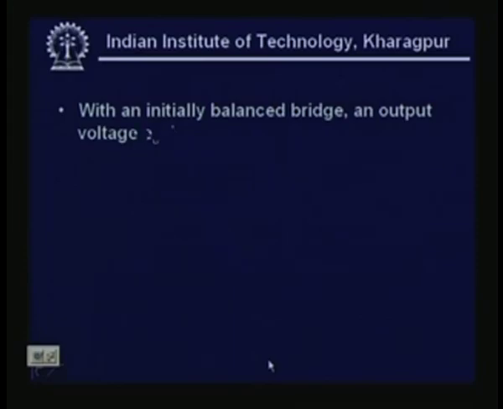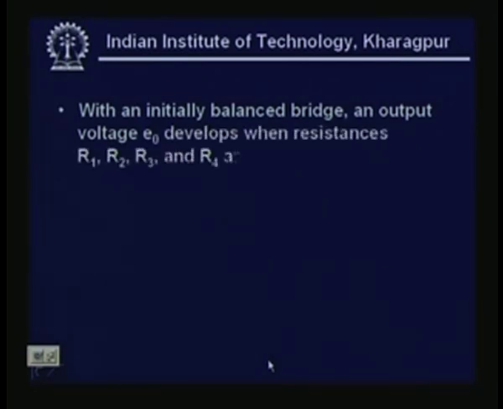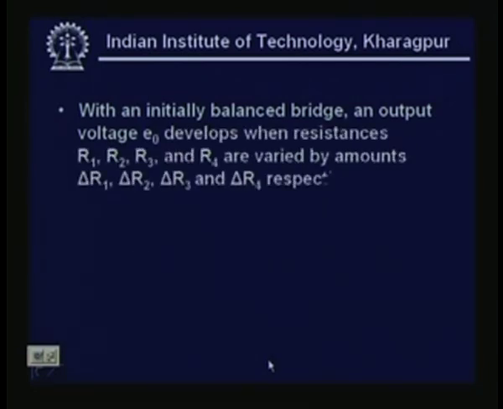Now, with an initially balanced bridge, output voltage E naught develops when the resistances R1, R2, R3 and R4 are varied by the amounts delta R1, delta R2, delta R3 and delta R4 respectively.